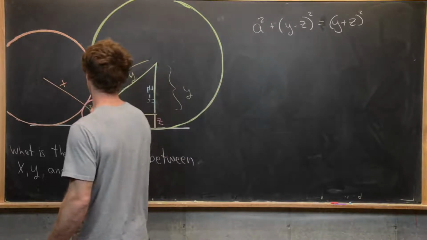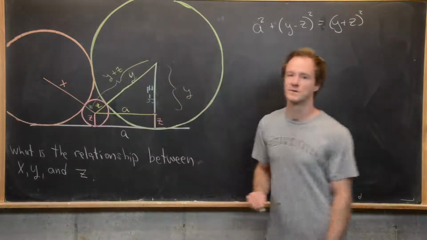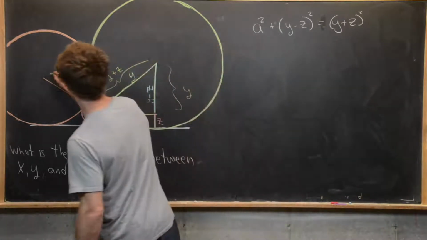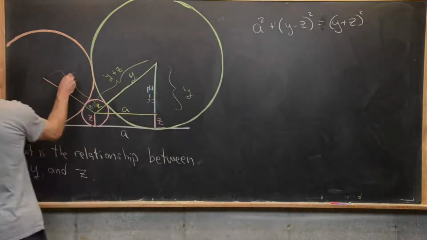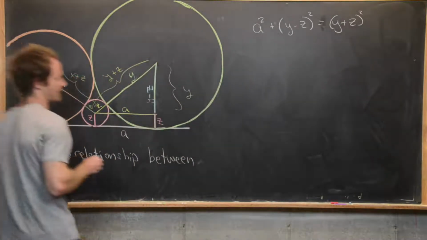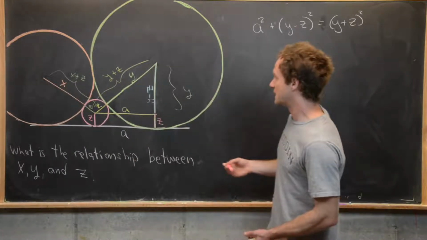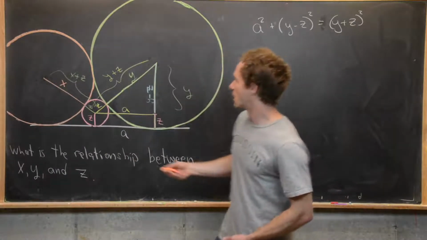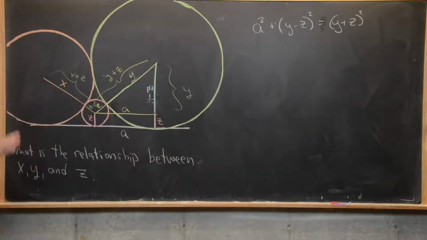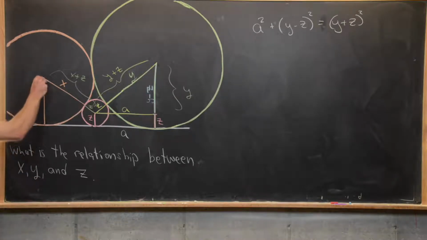Notice that's going to be length z, which makes this whole thing length x plus z. Good. And then the next thing that I'm going to do is drop a vertical from here down to the line of tangency. We know that this entire length will be length x because it's also a radius of the circle.